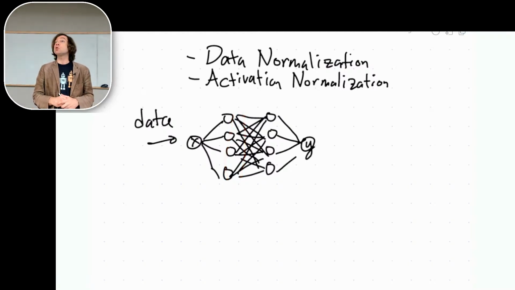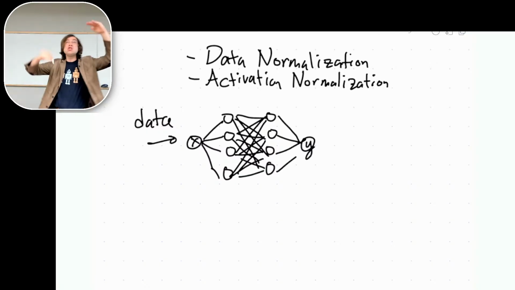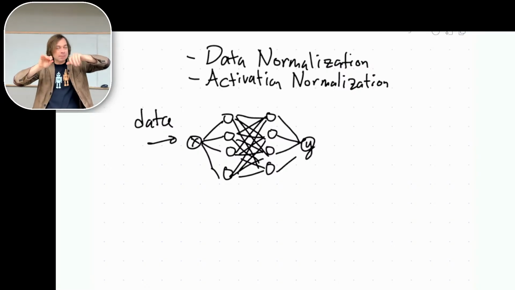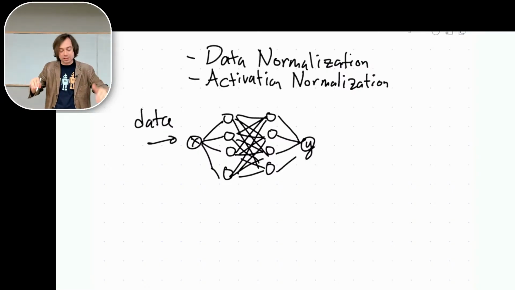Maybe some are super small values, like 10 to the minus 10, that's really tiny, and some other ones might be close to 1. That's a huge range mathematically, especially when you're computing gradients. What if you normalize the activations on the way out?